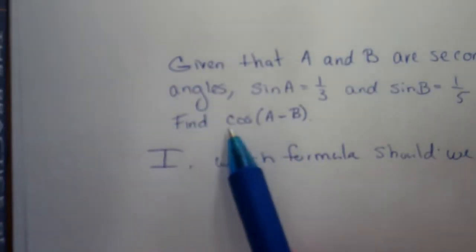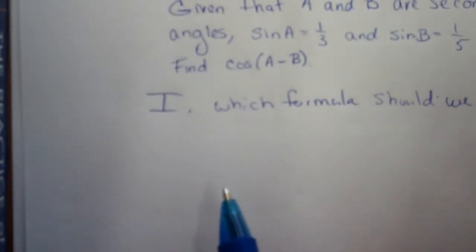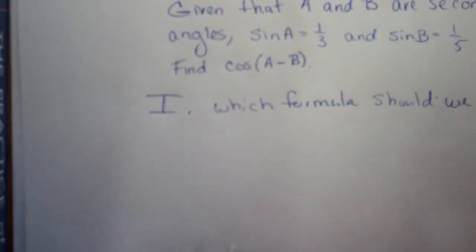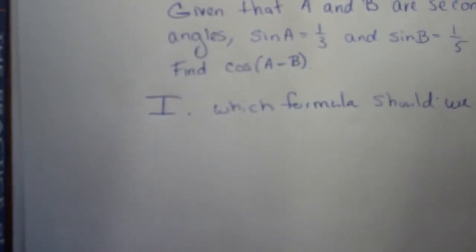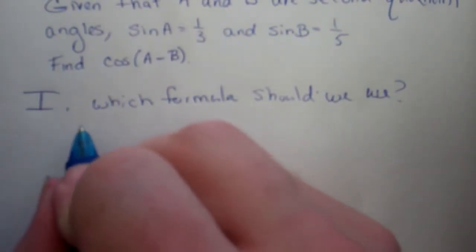So returning back to the problem, since what we want to find is the cosine of A minus B, there is no doubt that this is the best formula on the reference for us, and so we'll just write that formula down.